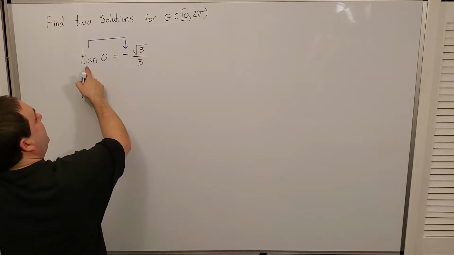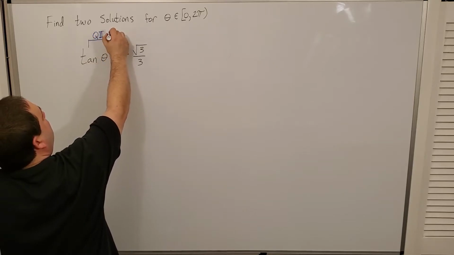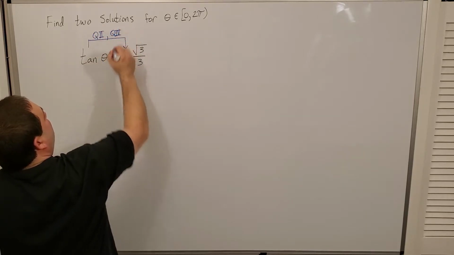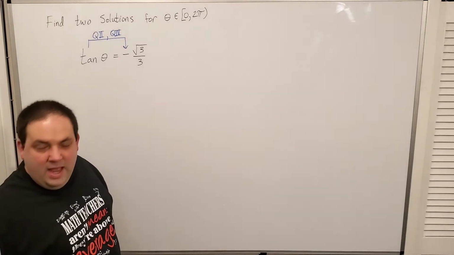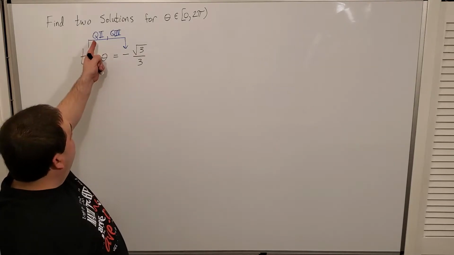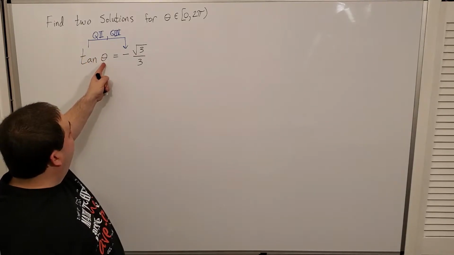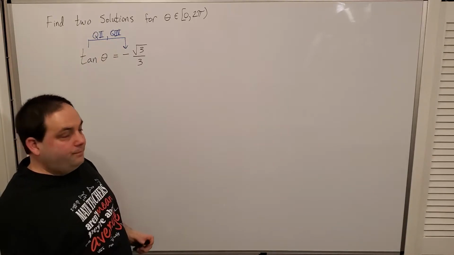I know that tangent is negative in quadrant 2 and quadrant 4. That's a huge piece of information right there. And that's going to show us why we're getting exactly two solutions. I should be getting a solution for an angle theta in quadrant 2 and an angle theta in quadrant 4.